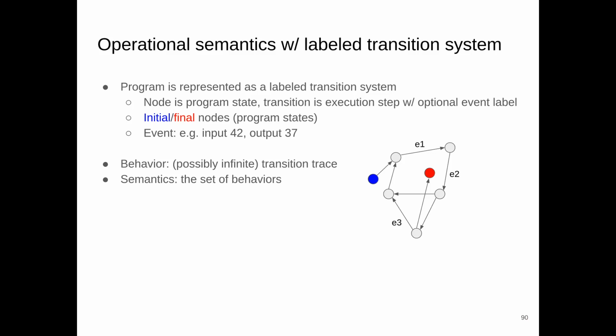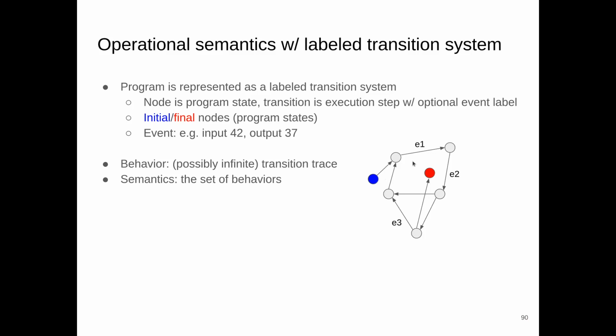And a behavior is a transition trace of this labeled transition system. For example, from the initial state here, you can move to this, and then one trace can be a possible behavior. You can do other traces as well.